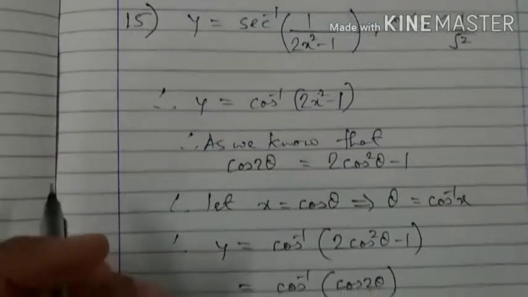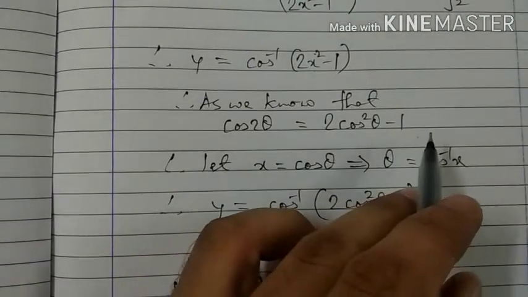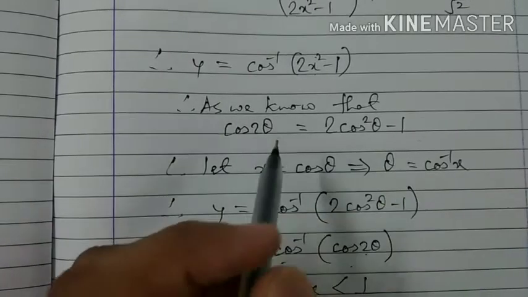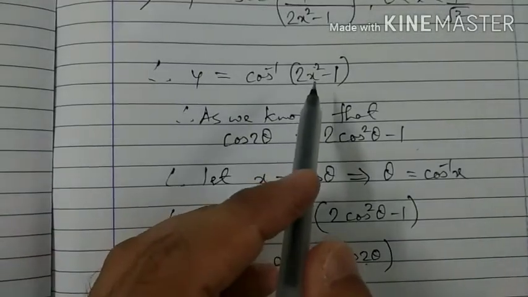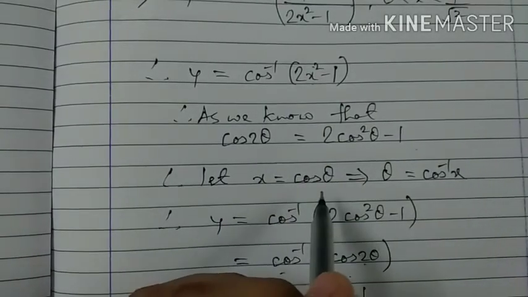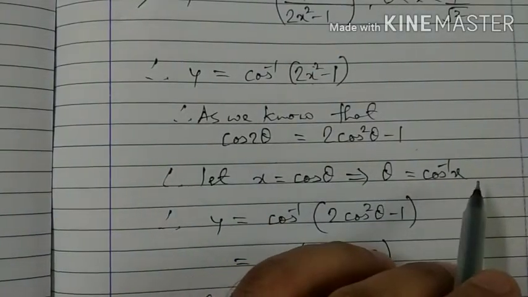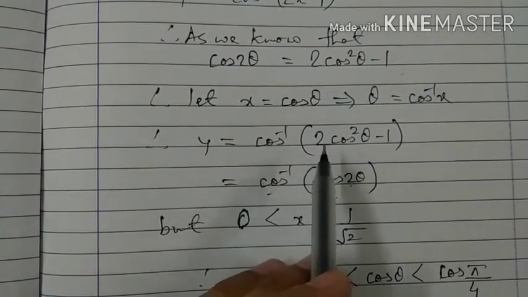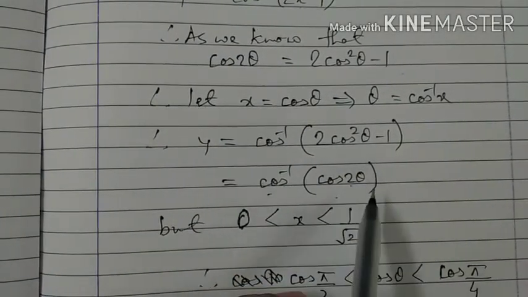Now here we know that cos 2 theta equals 2 cos square theta minus 1. So it is seen that we have to assume x equal to cos theta. So theta equal to cos inverse x, and then putting in the given function, 2 cos square theta minus 1, that is cos 2 theta.